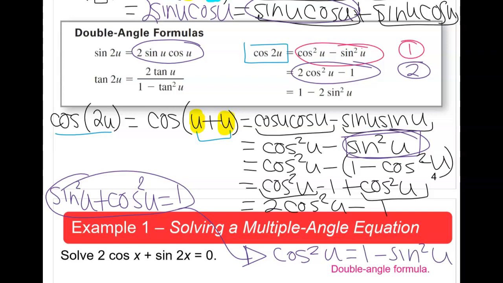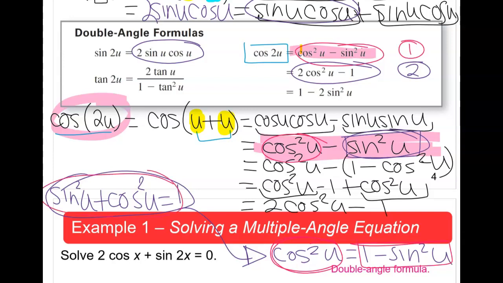Now from the first variation of the cosine of a double angle, I'm going to substitute cosine square u with the expression that comes from the main Pythagorean identity.